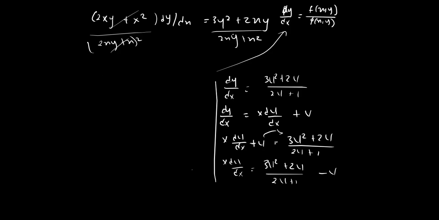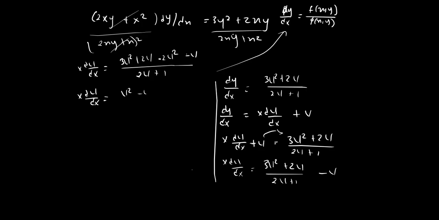All right, so now we have x dv/dx is equal to, now we're going to combine these fractions together. So we have 2v plus 1 here, we have 3v squared plus 2v, and then we have minus v times 2v, so that's going to give us minus 2v squared. Then we have minus v, and then we simplify. So we have x dv/dx is equal to (v squared minus v) over (2v plus 1).